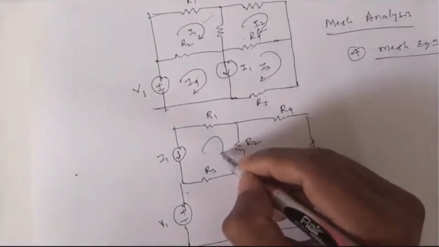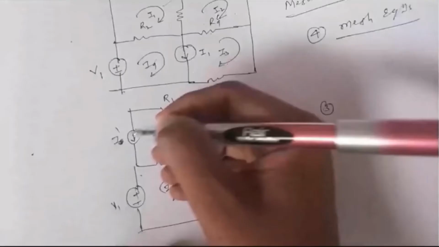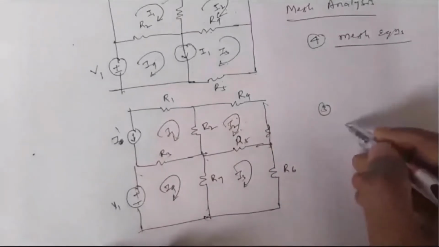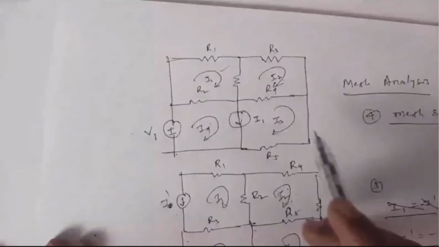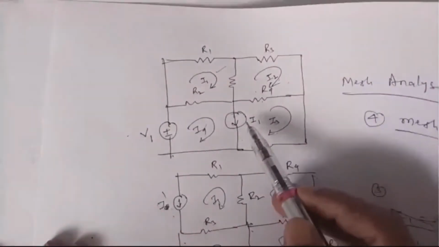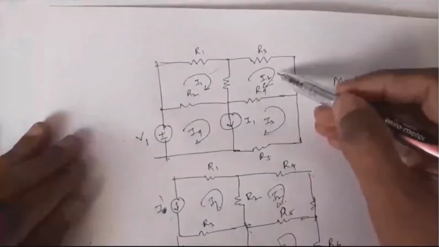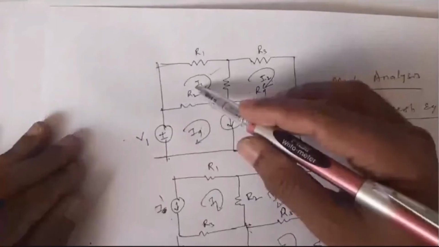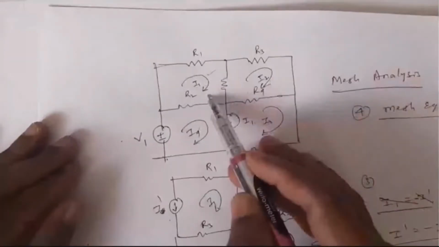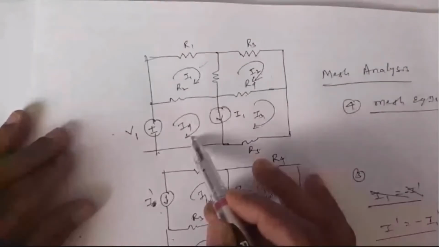If I consider this as I1, this as I2, and this source as I dash, I can directly write I1 is equal to I dash. In this particular network, that's not the case, because I can apply KVL to mesh 1 and mesh 2, no problem, but I cannot apply KVL to mesh 3, and even to mesh 4 I cannot apply.